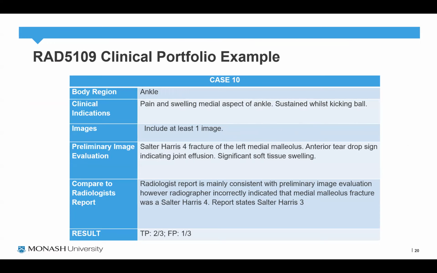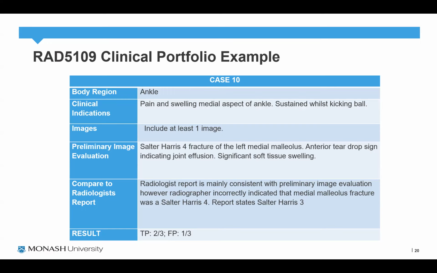Now, with this case, the preliminary PAE was that there's a Salter-Harris type 4 fracture of the left medial malleolus and anterior teardrop sign, which indicates joint effusion and significant soft tissue swelling. So when the student compared it to the radiologist's report, it was mainly consistent.